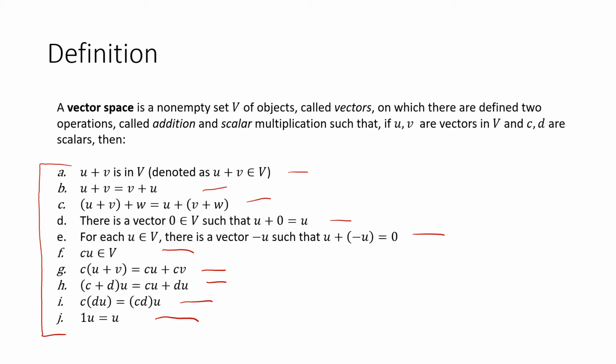Now you'll notice we've dealt with vectors an awful lot. You take a vector space, and remember a vector space being kind of the thing generated by vectors, then it satisfies all of these properties. So nothing in these properties is new.